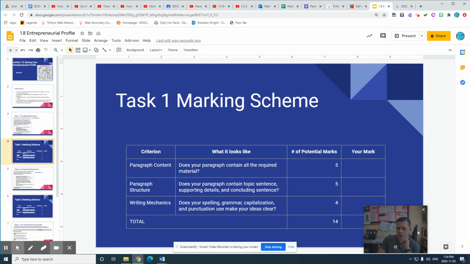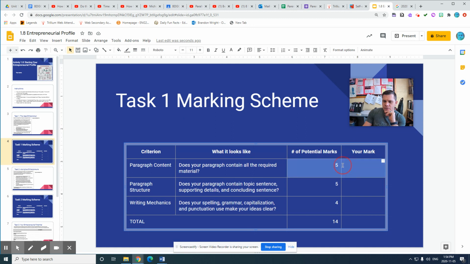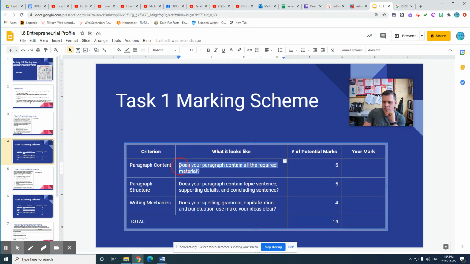So here's how your paragraph will be marked. For task 1, you'll get 14 marks: 5 for paragraph content, so did you contain all the required material? You get 5 marks for paragraph structure. And then 4 marks for how well your spelling, grammar, punctuation, and capitalization aid in the clarity of your writing.